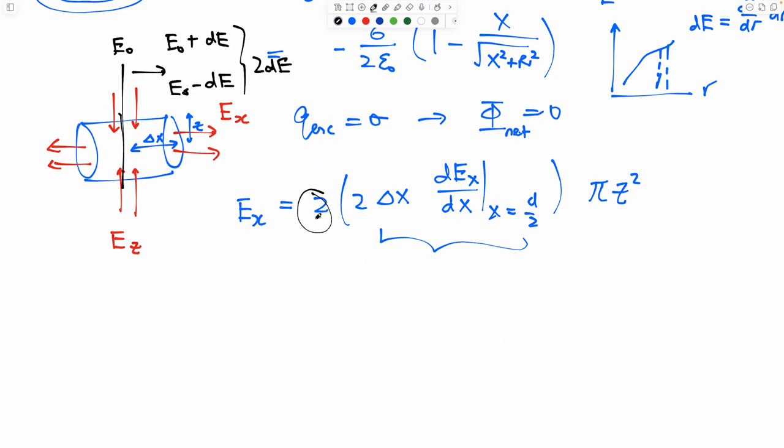The second factor of 2 comes in because there are two faces, so the flux exits from both the left and the right face. Does that make sense? Do you understand where this comes from for E of X?